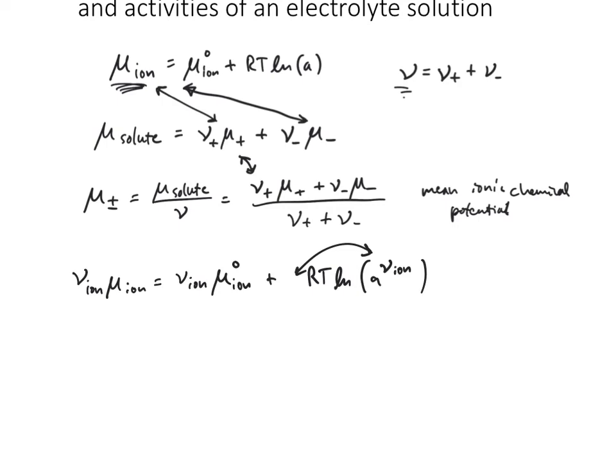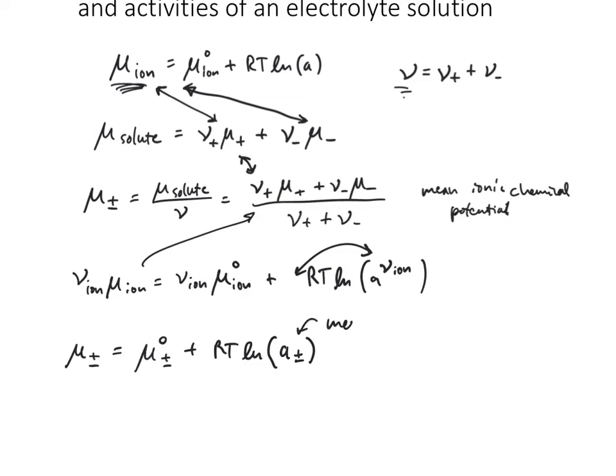And then this, of course, is just going to go right up into that expression there for both the positive and negative ions. And so what that's going to give us is this mu plus or minus is going to equal a sort of standard mu plus or minus plus RT log this activity plus or minus.